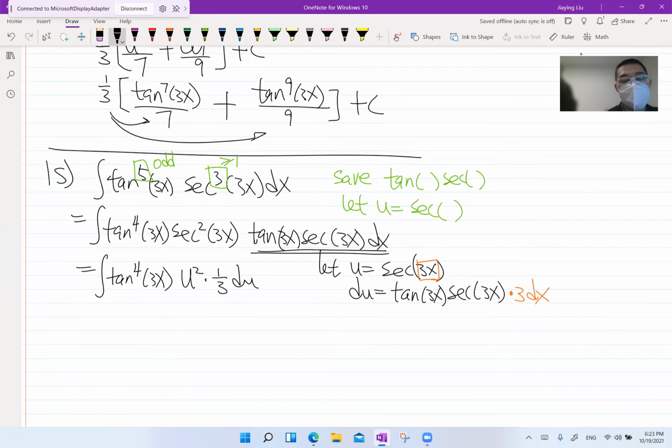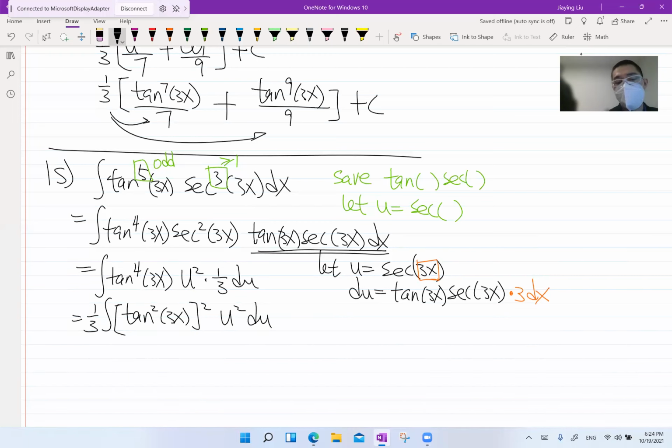Right? So what do we do next? Well, definitely not okay to have a tangent 3x in there because we want the integral of u. So we can rewrite the tangent to the 4th power 3x as tangent squared 3x squared, u squared, and then 1/3, I'm going to move it outside, du.